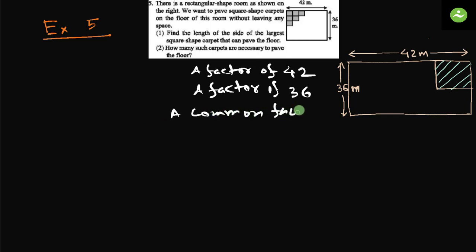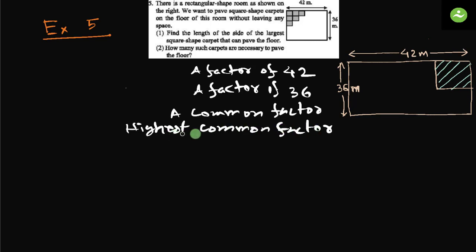A common factor. And as they said, find the side of the largest square, it has to be as big as possible. That means the common factor has to be the biggest, or we call that the highest common factor.